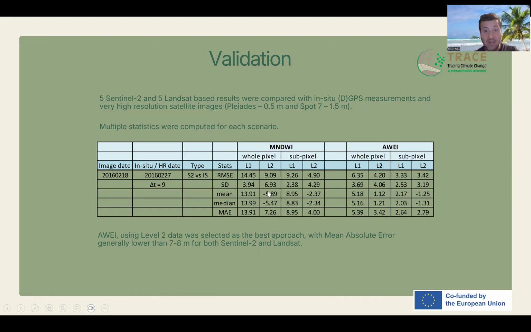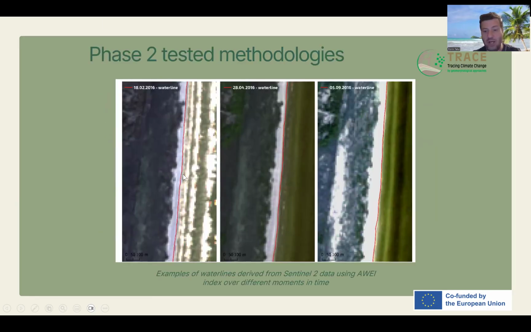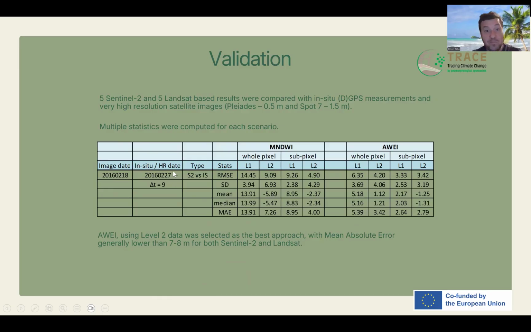You can see here different metrics for this combination, an image from 18 February 2016, I think is this one, and in situ data from 27 February, so at 9 days difference, and we can see this mean absolute error at subpixel resolution of 4 meters here, and for the automatic water extraction index even less than 3 meters difference, which is very, very good.